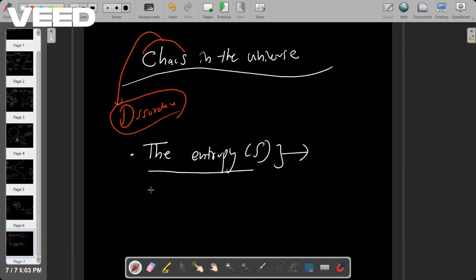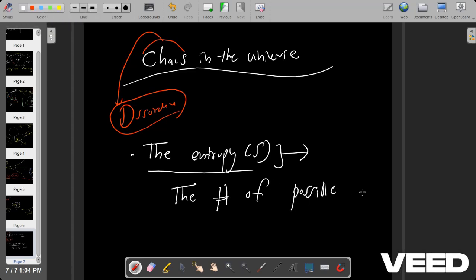The entropy of a given system means the number of possible arrangements, underline this, possible arrangements of particles and their energy in a given system.